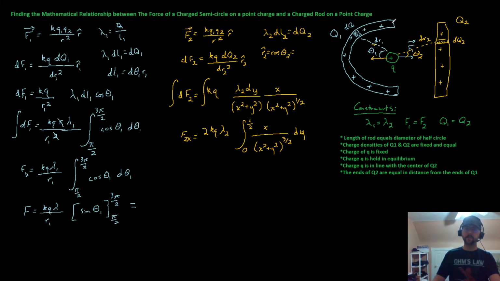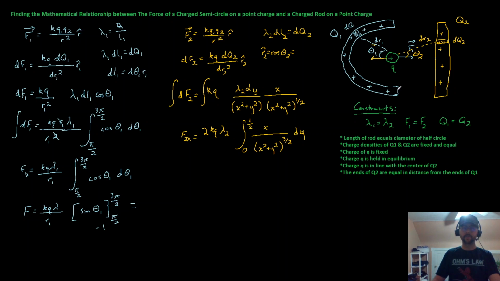If this were the top of the unit circle, this would be the point 0, 1. The y value represents sine. So sine of pi over 2 is 1.